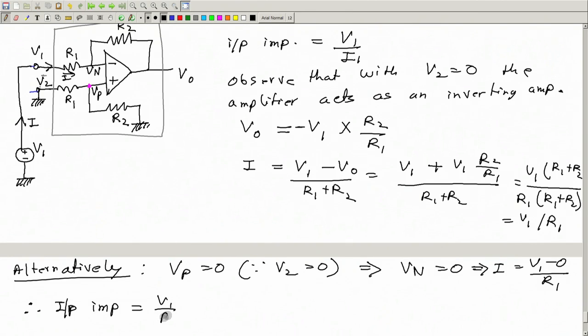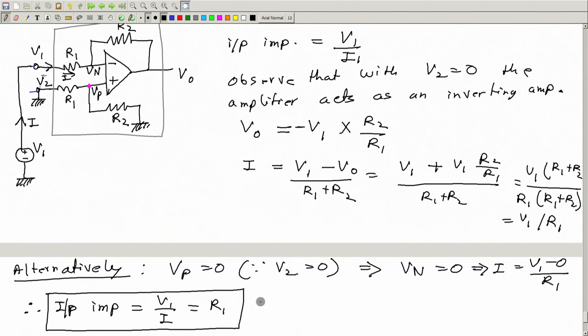V1 by I, which is same as R1. This is for terminal or port 1, with the other terminal grounded or 0 voltage applied. So this is the input impedance for this terminal.